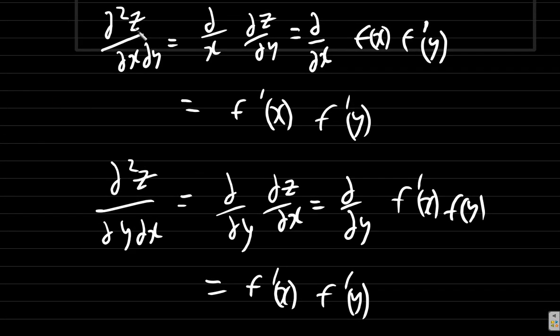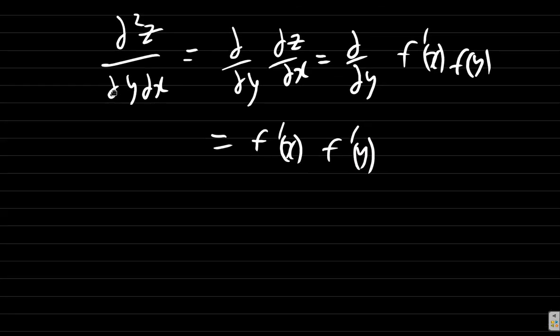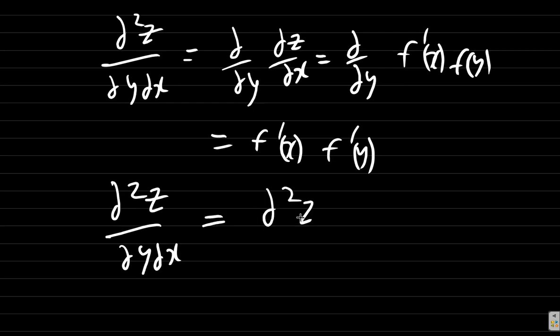Delta square z by delta x delta y is f prime x f prime y, and delta square z by delta y delta x, when you switch these around, is the same, f prime x f prime y. So what you will find generally is that delta square z by delta y delta x is equal to delta square z by delta x delta y. Alright?